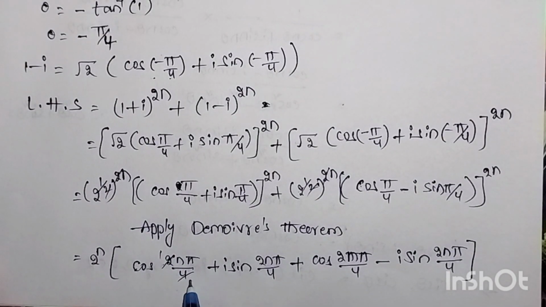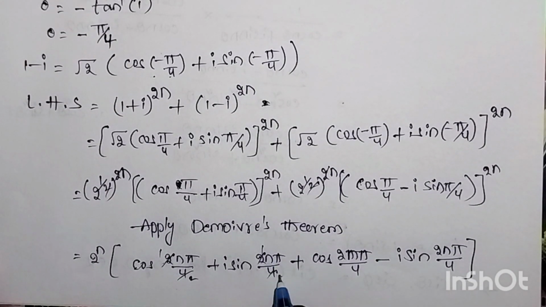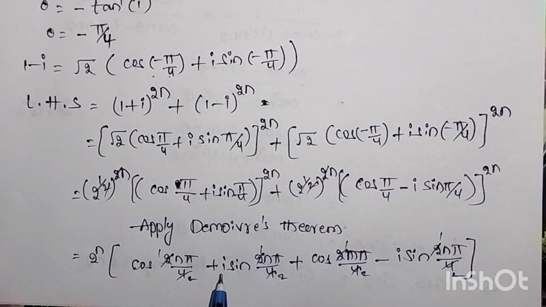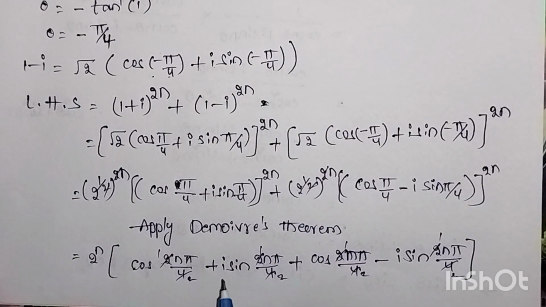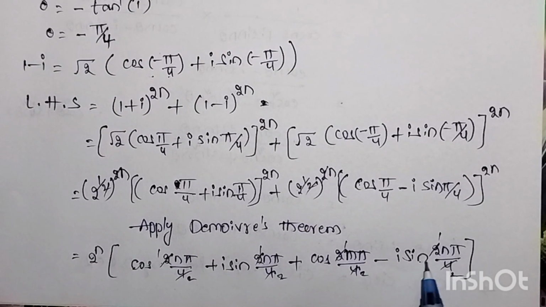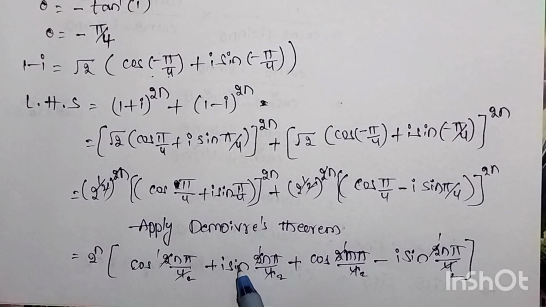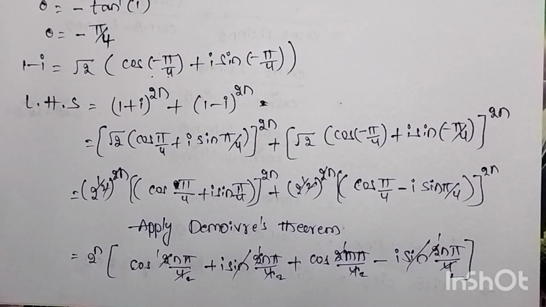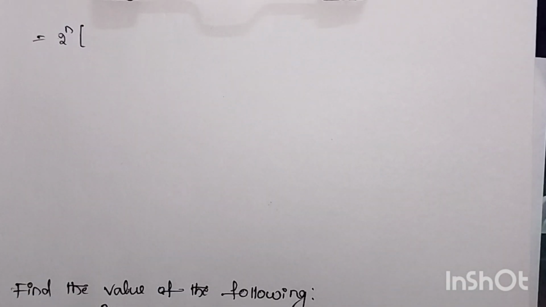Simplifying, 2n pi by 4 is n pi by 2. So plus I sin n pi by 2 minus I sin n pi by 2, plus sign and minus sign cancel.